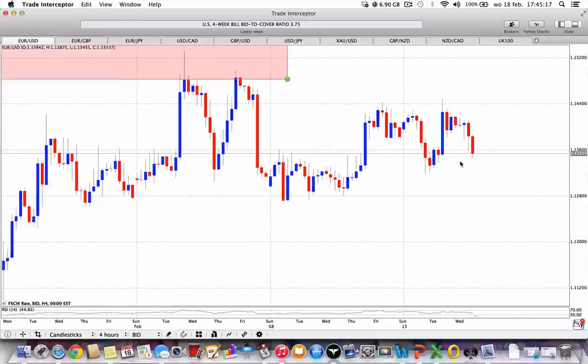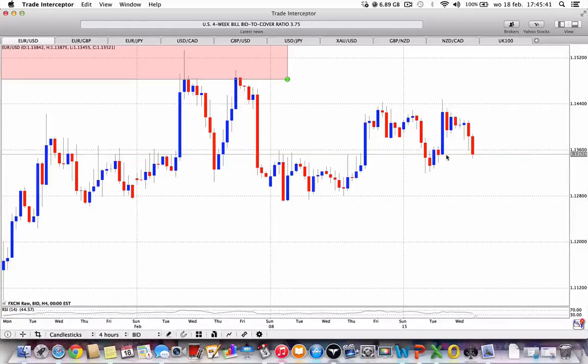So for example, right here we had this indecision candle, because the opening and the close of this candle were almost at the same price. So probably a lot of traders went short right here. And as you can see, they were right, the market came down. But when do you close this trade?